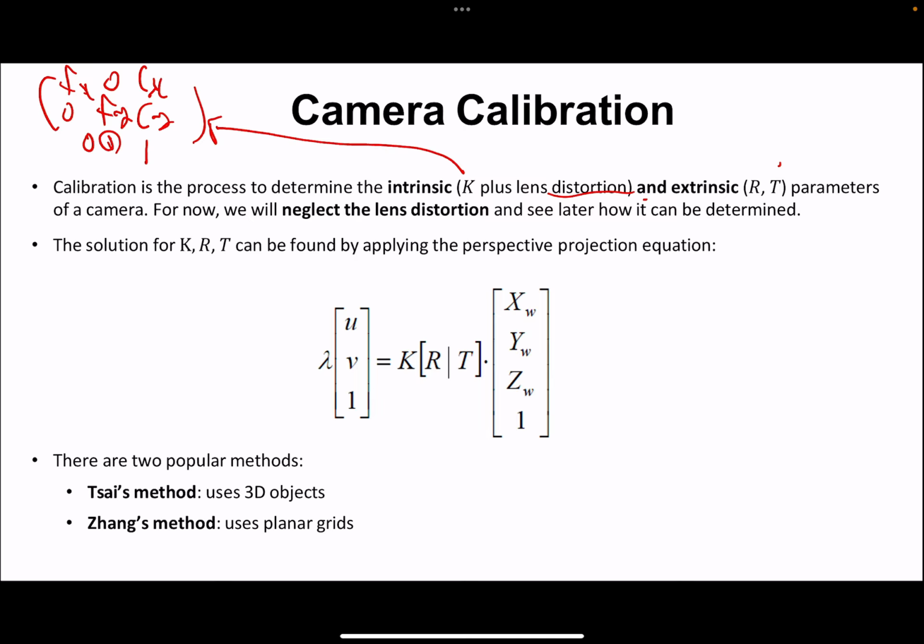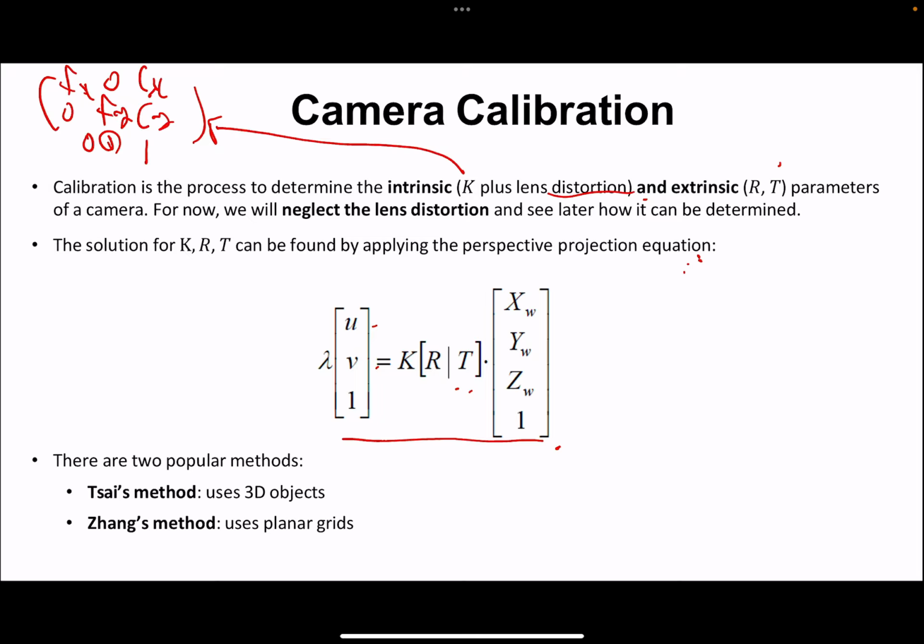The solution for K, R, T can be found by applying the perspective projection equation. We learned this in the pinhole camera model and perspective projection. W represents our world coordinate system, so X, Y, Z are in the world coordinate system, and U, V are in the image coordinate system. We first apply the extrinsic parameters to transform the world coordinate system to the camera coordinate system.